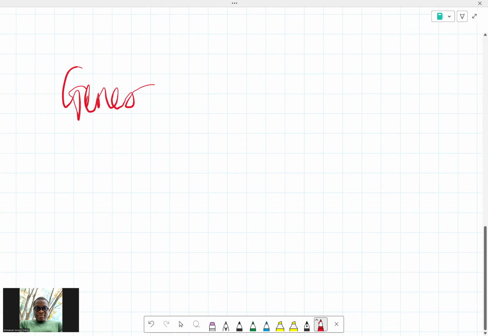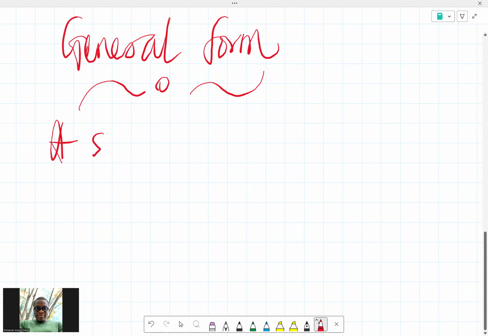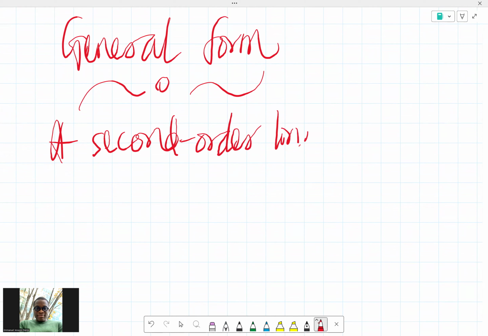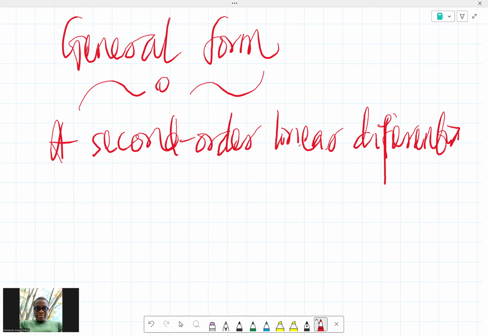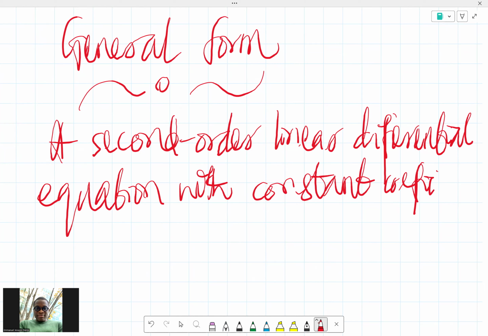So let's look at the general form. We've seen this a lot under the differential equations playlist. A second order linear differential equation with constant coefficients, because if you have variable coefficients, then we have to use series method solutions.